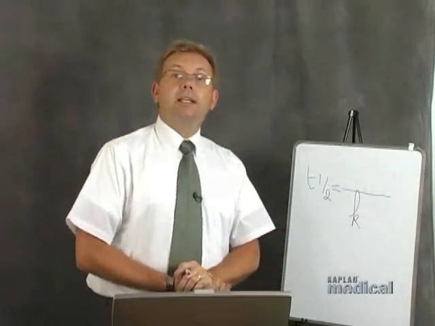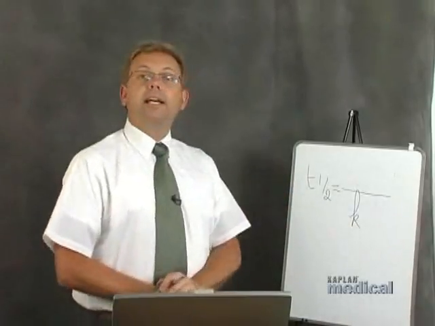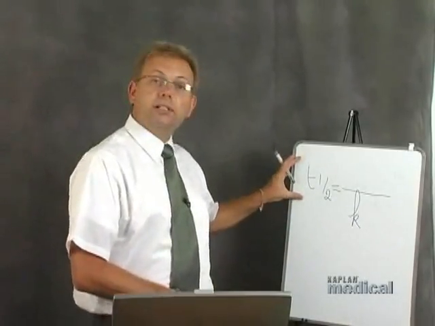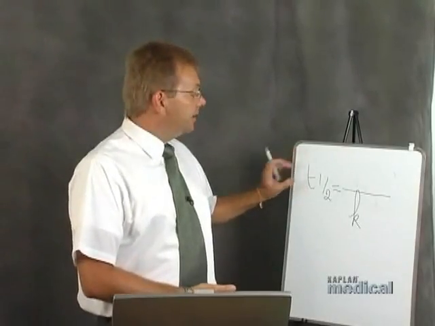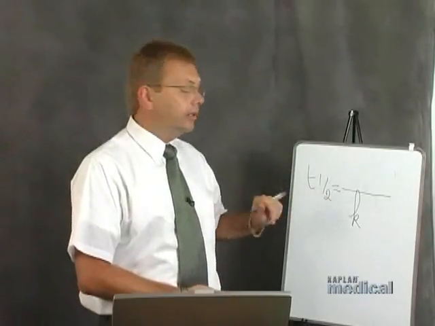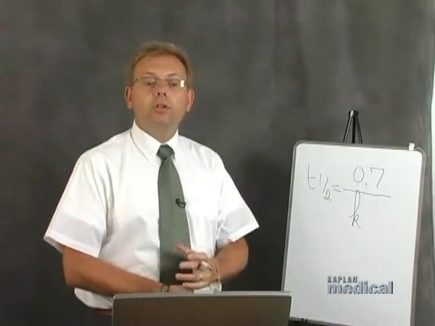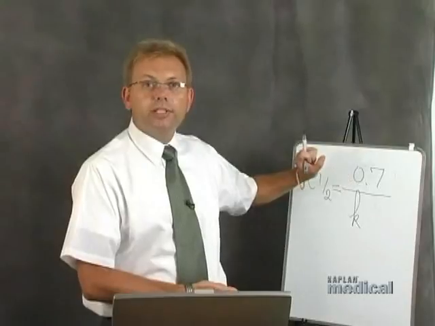Therefore, I know that K would be at the denominator when half-life would be at the numerator up there, or on the left side of the equation. The only little problem we're going to encounter is that T1/2 and K are inversely related, but they're inversely related by a parameter of 0.7. 0.7, no unit, it actually comes from log of 50%. Don't worry too much where it comes from.